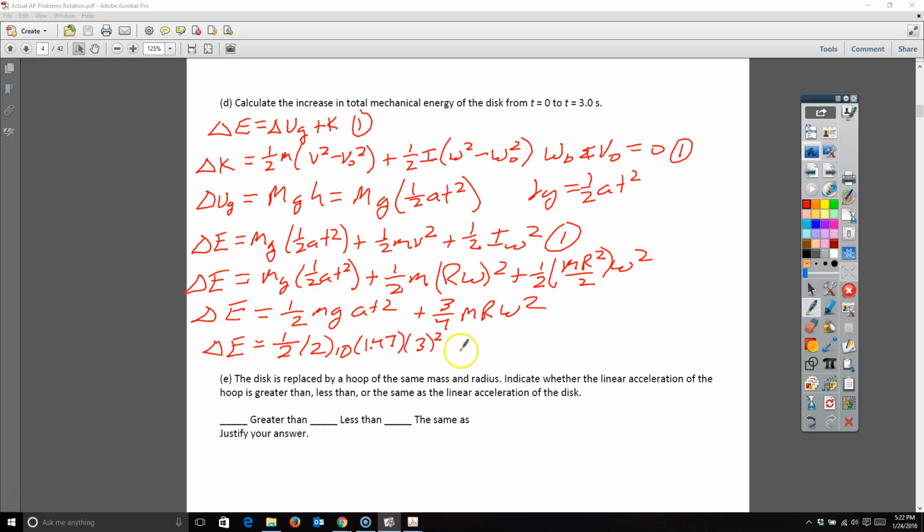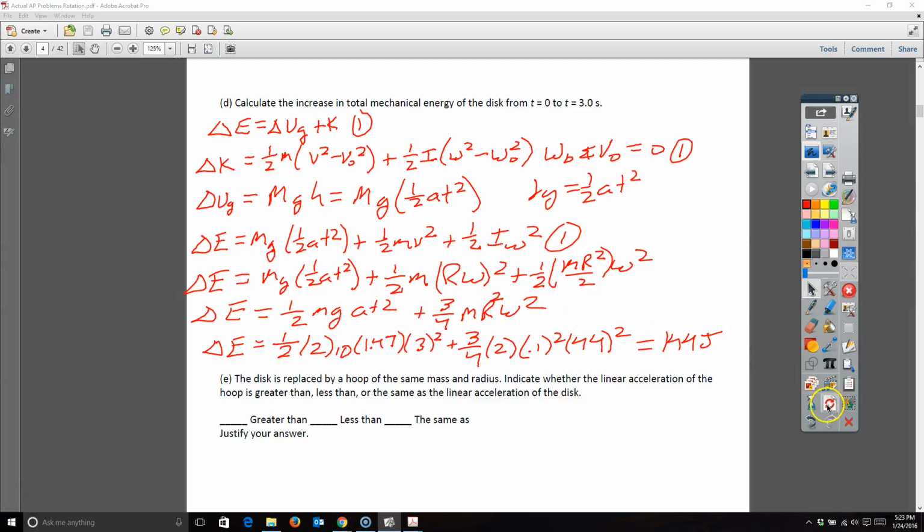That 1.47, remember, came from part B. Plus 3/4 of the mass, which is 2, times 0.1 squared, times our angular speed, times the radius, which is 44. And I think I dropped off a squared somewhere. So there should be a squared there. Okay, so now that we've got everything in, when you do your math, we should end up with 144 joules.